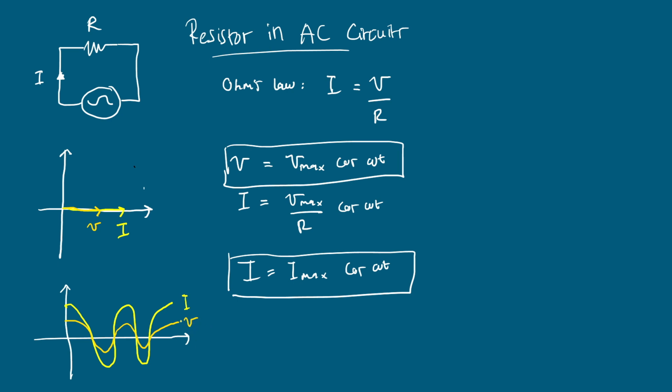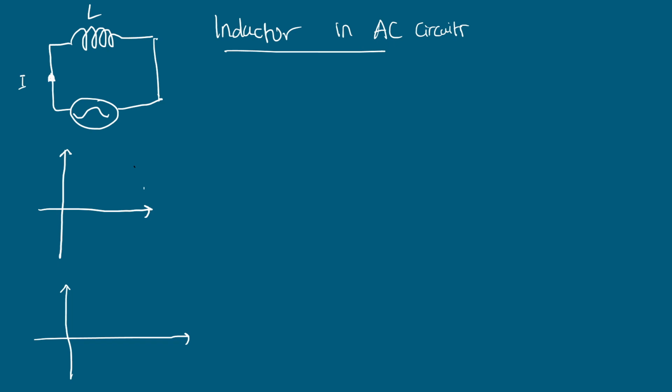To understand the differences between signals being in phase, lagging or leading, we can look at the next component of AC circuits. As we know from Faraday's law in electromagnetic effect, when a current flows through the solenoid or an inductor, there will be an electromotive force resulting from that phenomenon, which is represented by this form: V equals L times di per dt.